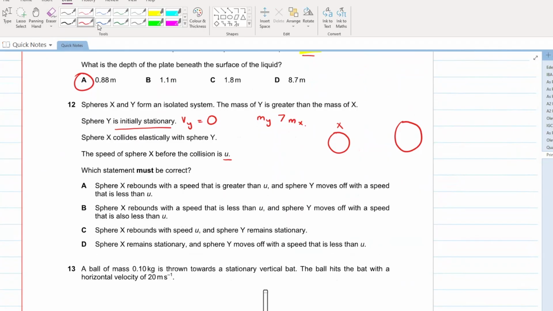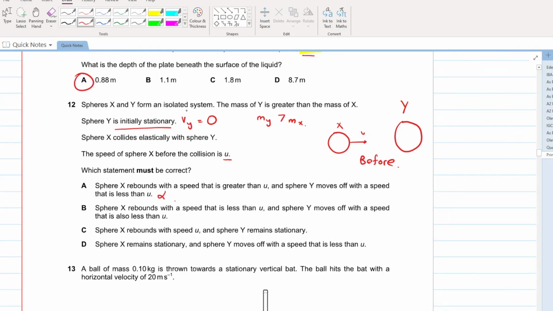X is moving with a velocity of u. This is before collision. Which statement must be correct? Option A: sphere x rebounds with a speed that is greater than u, and sphere y moves off with a speed that is less than u. This is not possible.